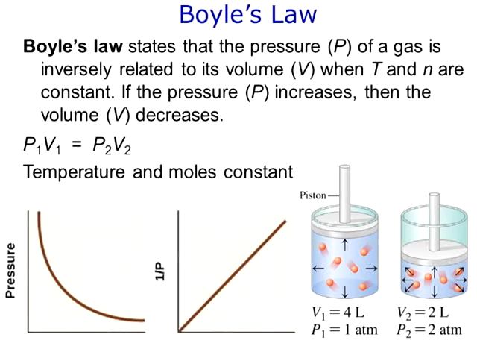So you see the relationship there, okay? And that's important. You exert more pressure, that means the volume is going to go down, okay? Exerting more pressure means pressure increase, which means volume decrease.